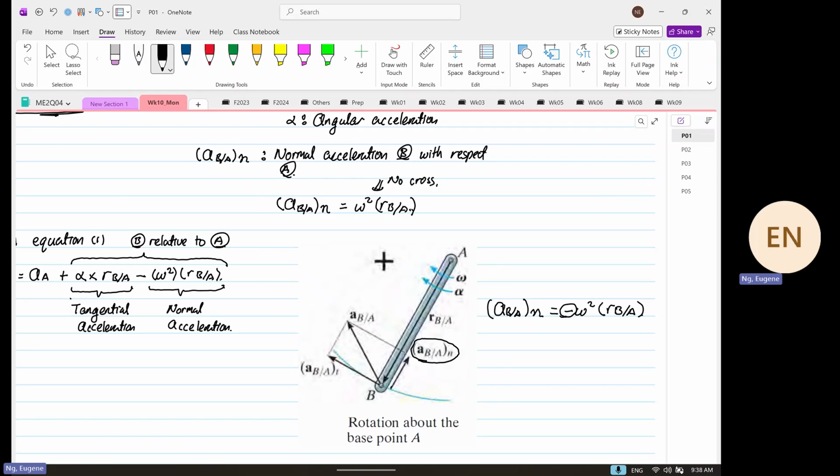Because it's pointing towards the center of rotation. So that's why we have it as negative.